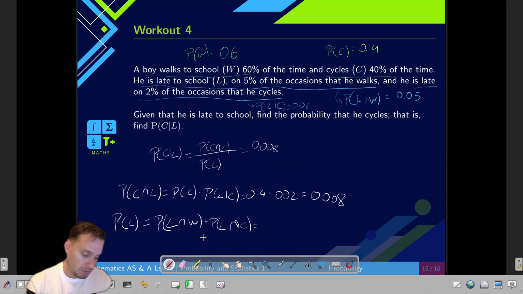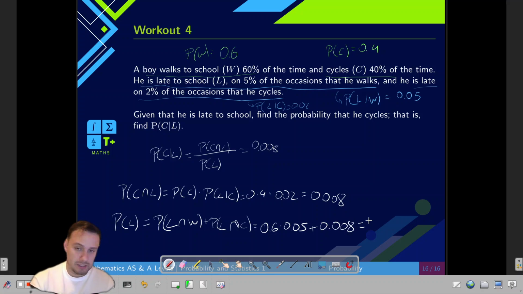We already know the one for cycling, we can get it here, and we can do the very same thing, just finding the probability that he's late and walked. That will be 0.6 times 0.05. So this will be here 0.6 times 0.05 plus the value that we have here, 0.008.